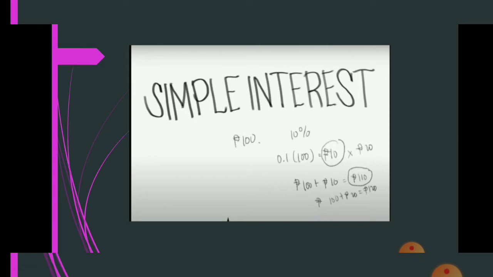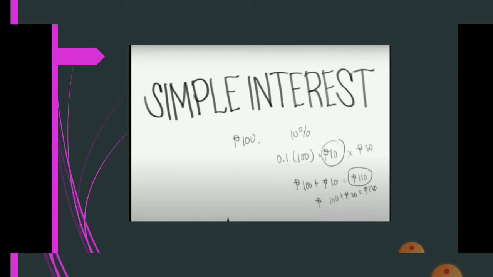Halimbawa, nag-utang ako ng 100 pesos sa aking kaibigan. Tapos, may interest na 10%. So, yung 10% na yon is i-convert natin to 0.1. I-times natin sa utang natin, which is 100 pesos.